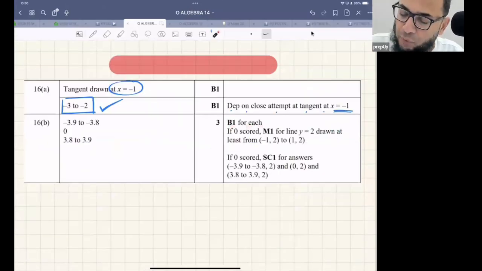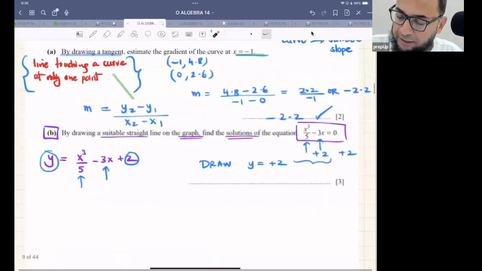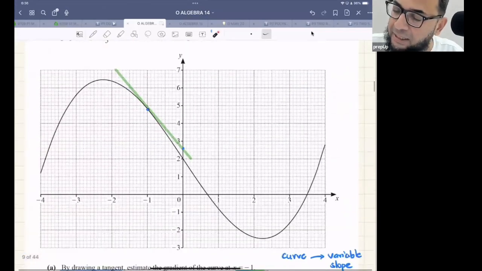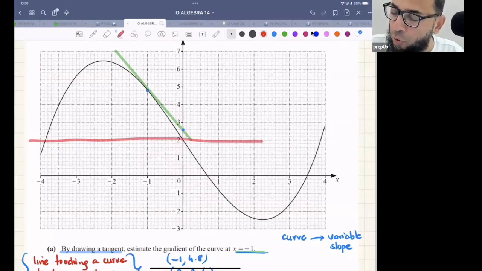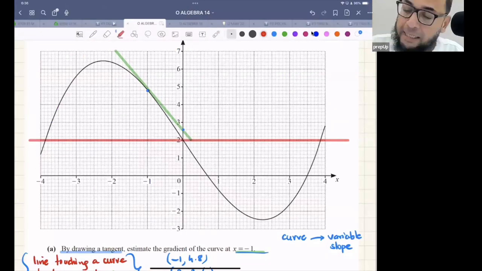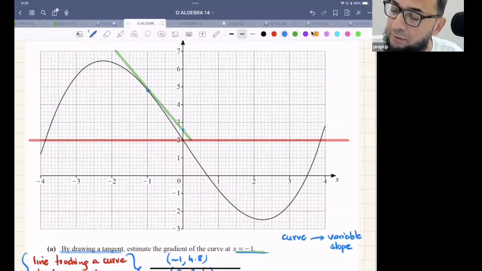B1 for each, 1 mark for each part. M1 for line y equals 2, drawn at least this much. And these are the answers. That means grab the line y equals 2 and go all the way this way. Now what are the points of intersection? The points of intersection are this particular value and this particular value. Go down and read off the value.